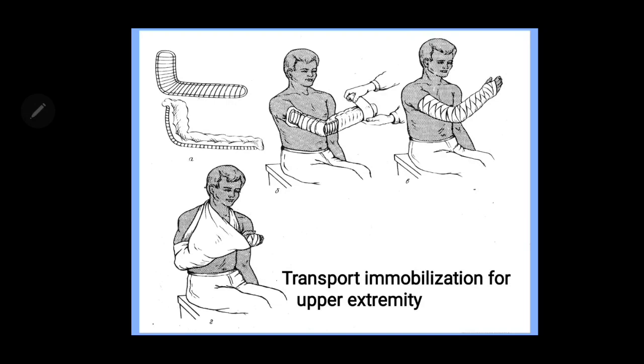So you see that this Kramer wire splint can be bent and modulated according to the shape of the extremity. And here, on the inner surface, we should put some soft padding to prevent the compression of soft tissues, because in all cases the swelling is increasing in the first hours.